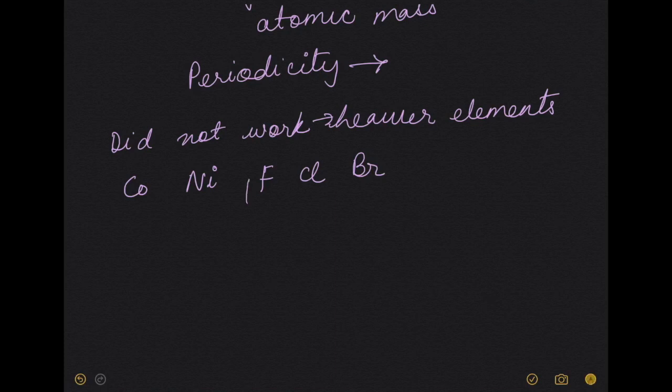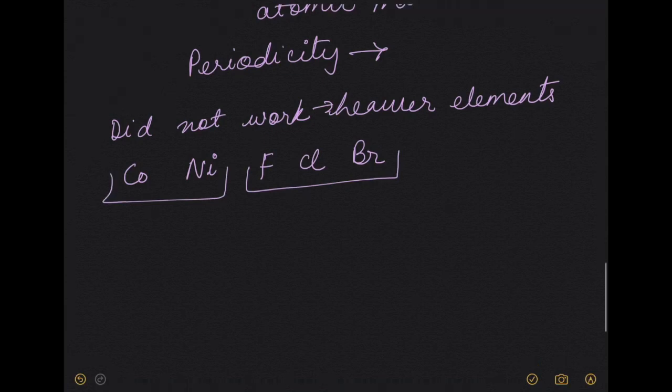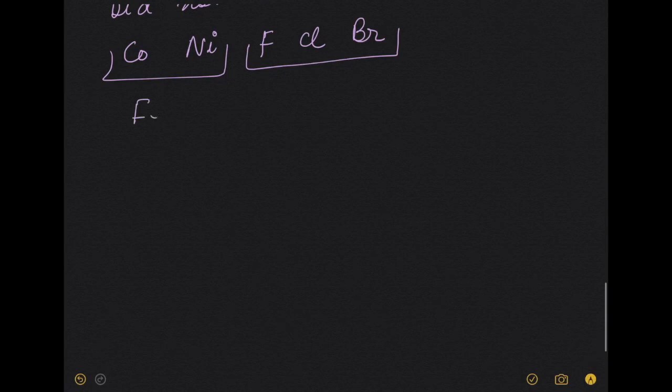The properties of fluorine, chlorine and bromine were completely different from cobalt and nickel. And iron, which resembles cobalt and nickel in properties, has been placed very far away from these elements. Now, cobalt and nickel are metals, and fluorine, chlorine and bromine are non-metals, but yet they were placed in the same slot. So that was the reason why the law of octaves was discarded.